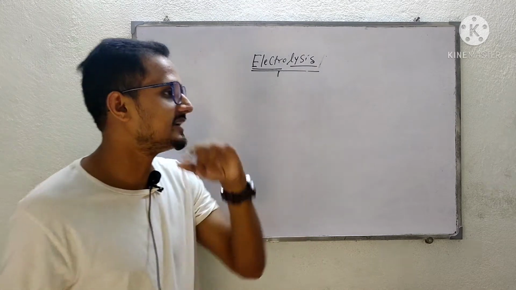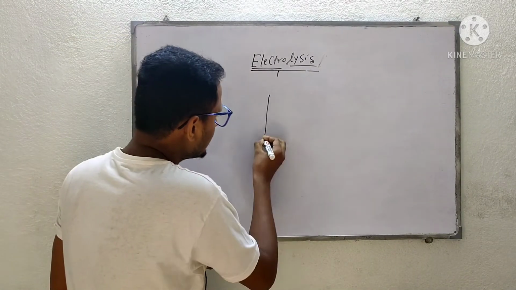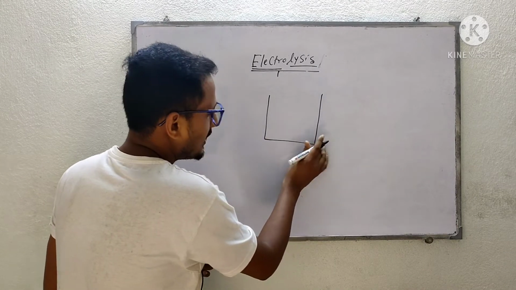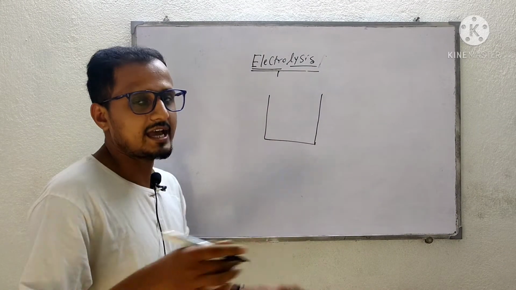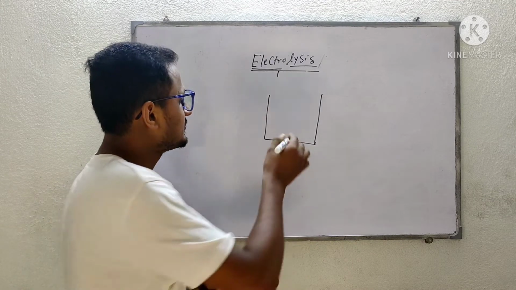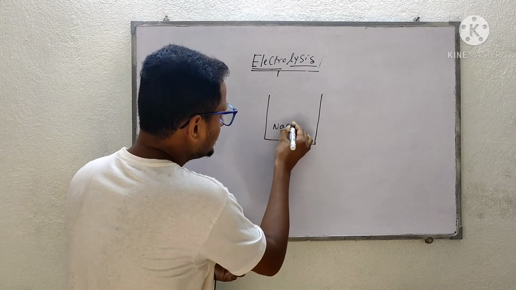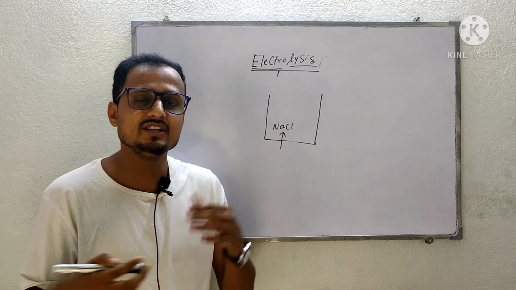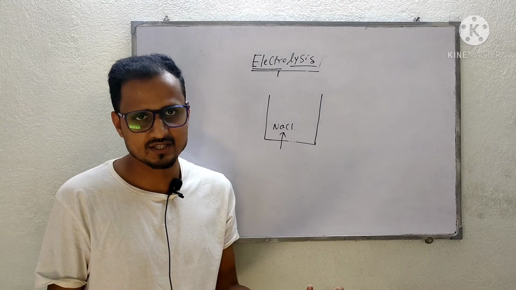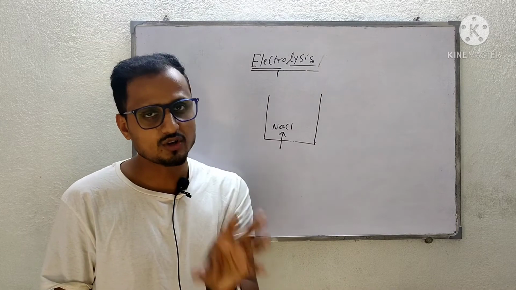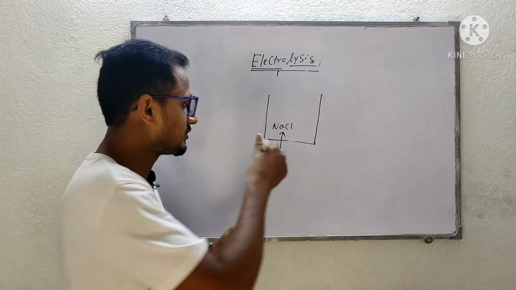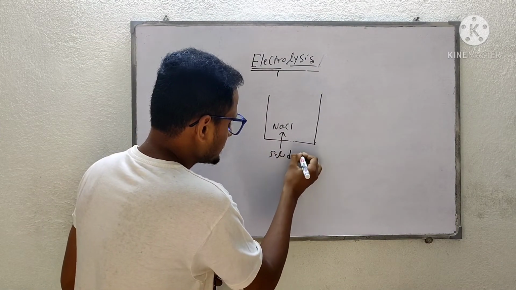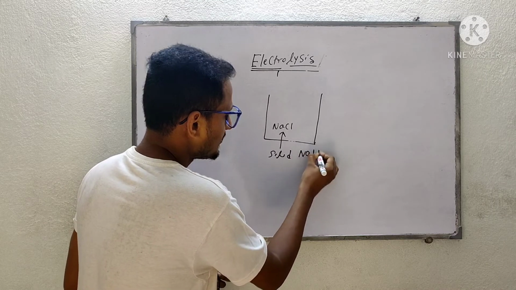Say I am taking a beaker, or an apparatus, and here I have taken sodium chloride. Sodium chloride can be present in three different states. I am taking solid sodium chloride.